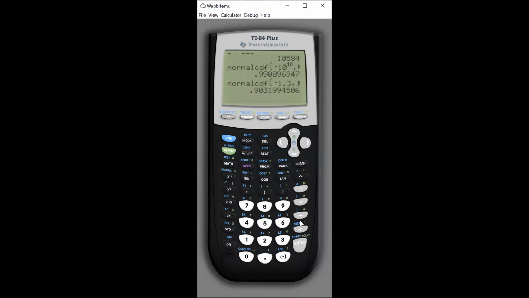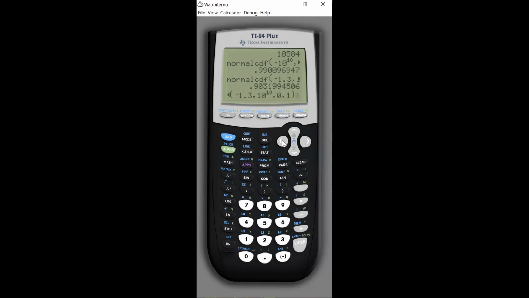You want to use the negative below the 3. If you look at 3, the number below it, you want to use that negative. If you do put this negative, it will give you a syntax error.